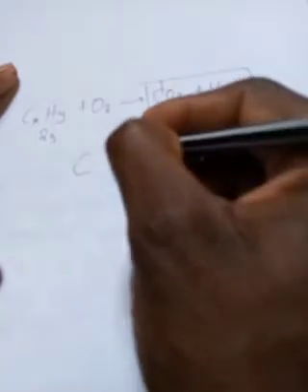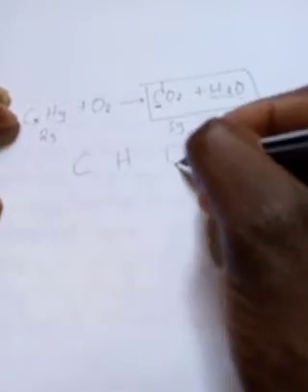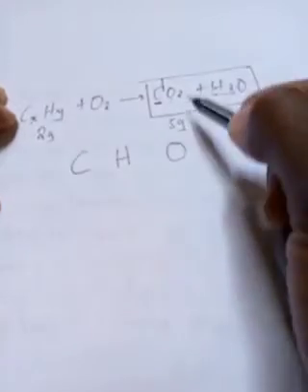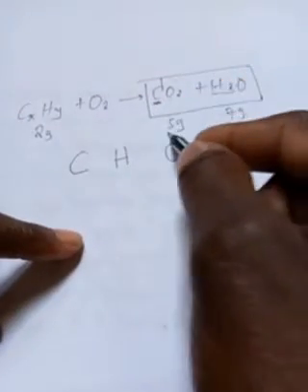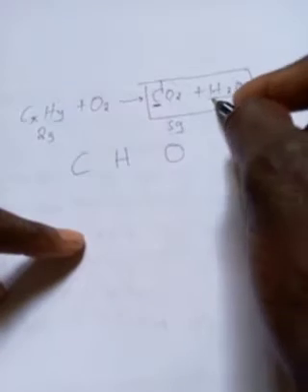Remember, combustion analysis deals with carbon and hydrogen. If there is another element found in this case, it is going to be oxygen. Meaning that out of carbon dioxide, I have to find the mass of carbon, and from the mass produced in the form of water, I have to find the mass of hydrogen.